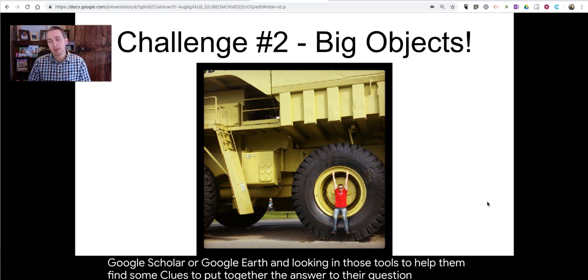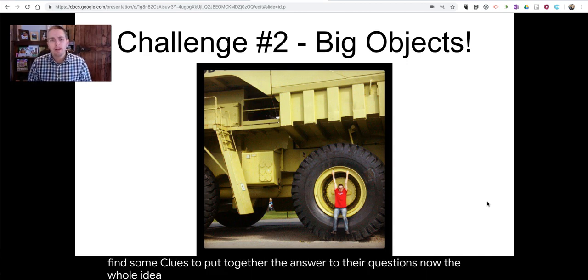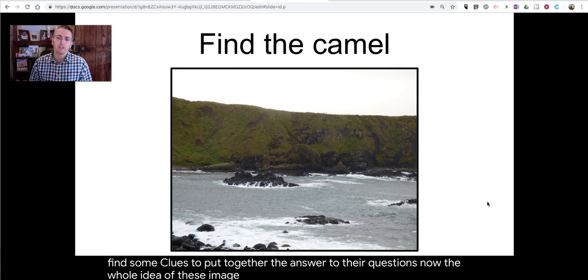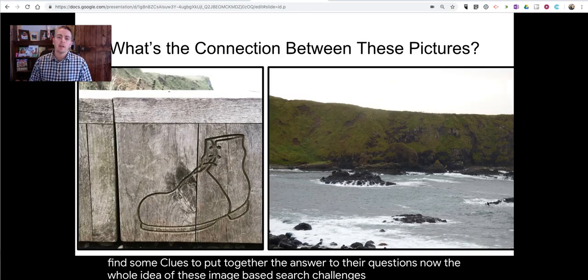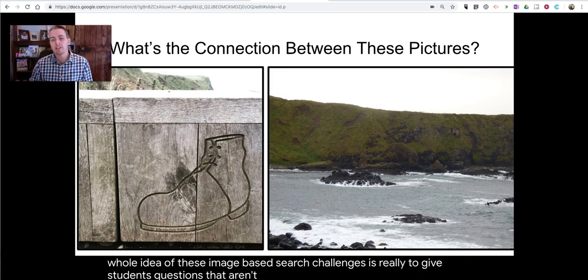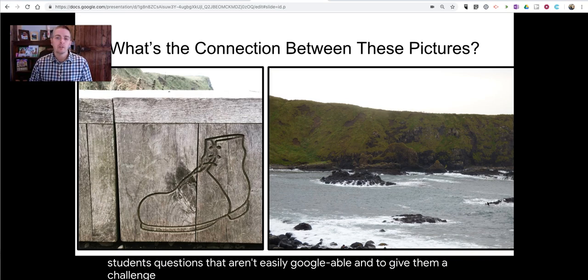Now, the whole idea of these image-based search challenges is really to give students questions that aren't easily Googleable and to give them a challenge that requires them to think about all of the information they have available to them.